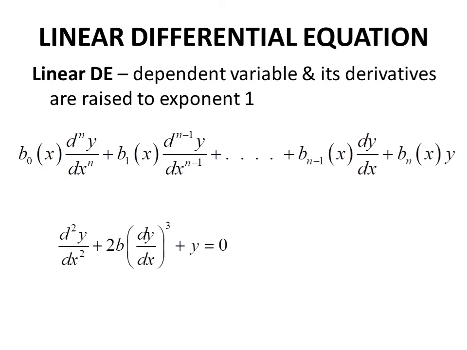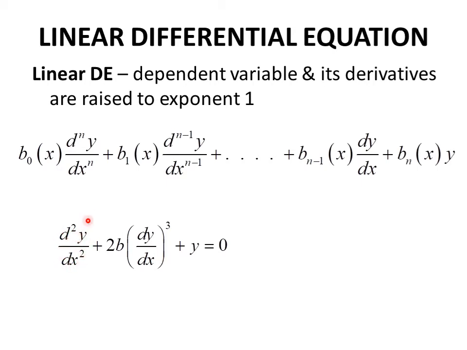Okay, let's consider some examples. We have here d squared y over dx squared plus 2b times quantity dy over dx raised to the exponent 3 plus y is equal to 0. So let's inspect the dependent variable y and the derivatives. We have d squared y over dx squared, the second derivative of y.